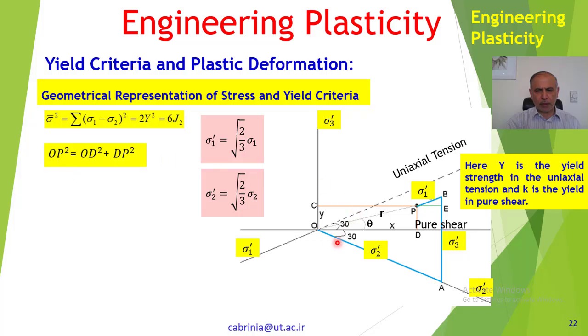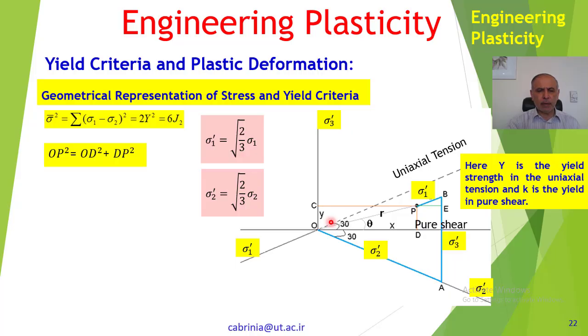So if we look at the stress vector OP, we could write OP squared in this deviatoric plane. OP squared equals OD squared plus DP squared, this triangle here.